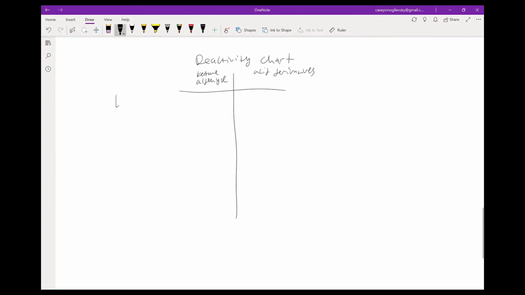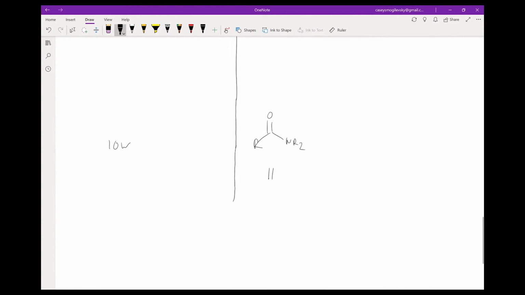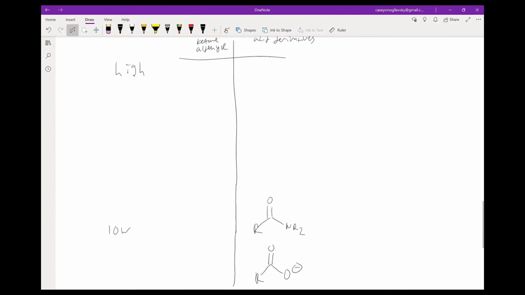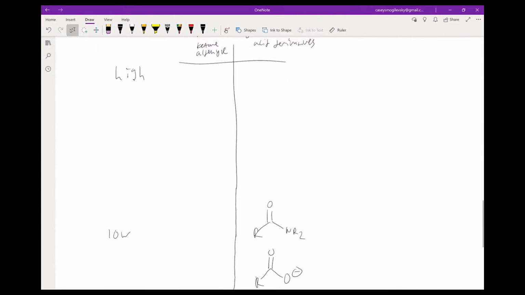Way at the bottom, you have your amide. Actually, even below the amide, let's do even lower than that. There is something that's lower than this. You have your deprotonated carboxylic acid, and that's very important. Then your amide, and then you have your ester and protonated carboxylic acid.